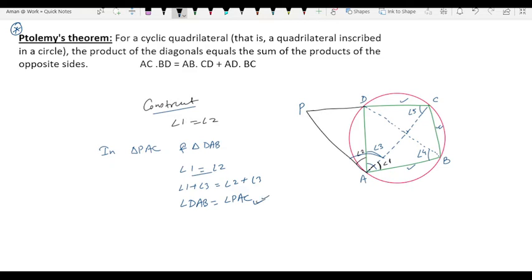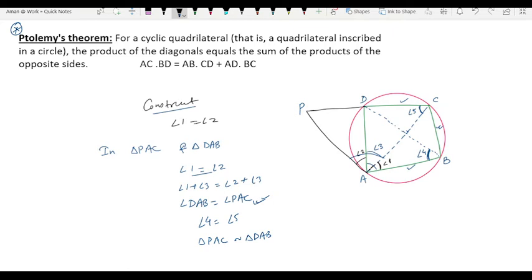Then we take angle 4 and angle 5, which are also equal. So we can say that these two triangles are similar.